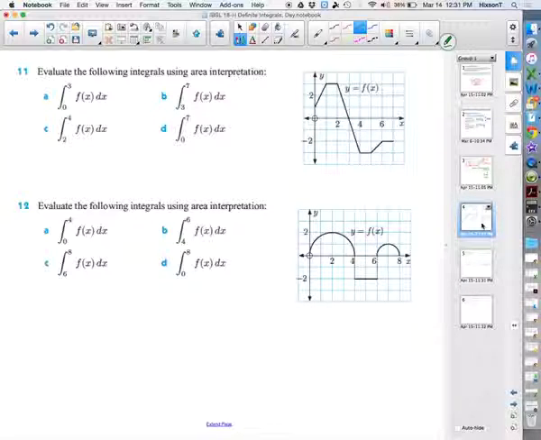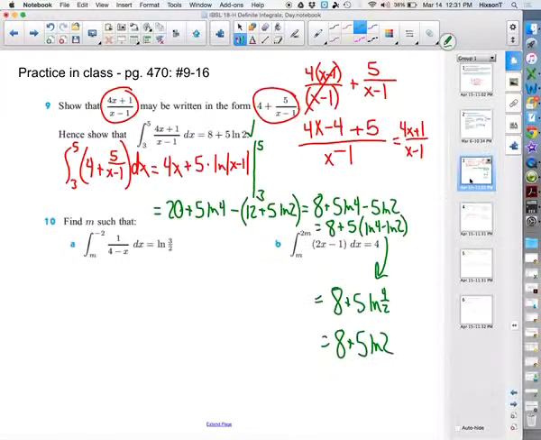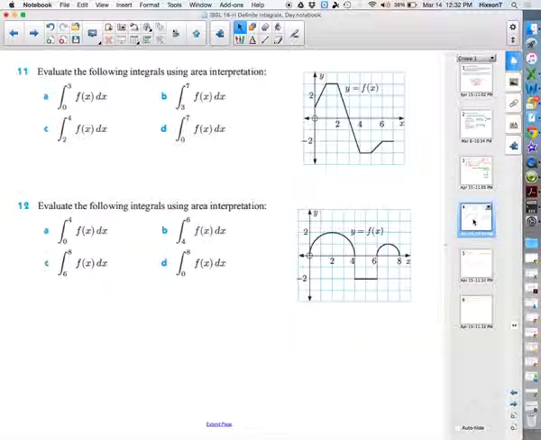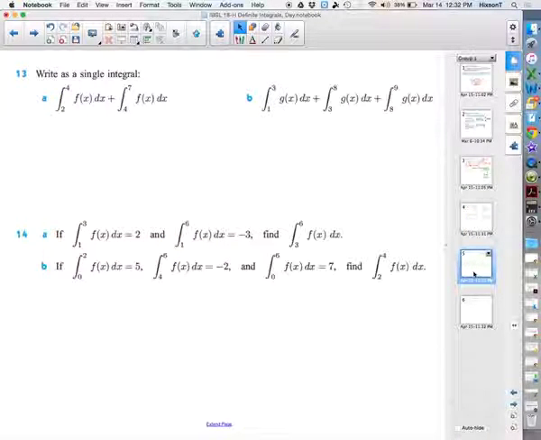Okay? So some of these will help you kind of refresh your memory on the rules for logarithms. Others, like these, are getting you used to dealing with the fact that we're talking about areas, okay? And then some notation, writing these all as one integral. Those are relatively simple, but it's a good exercise to work with here.